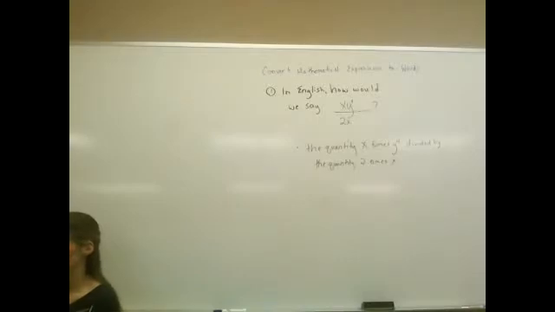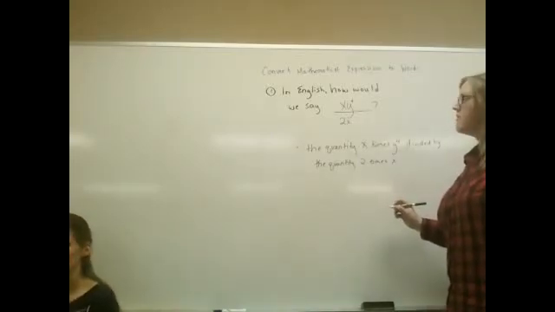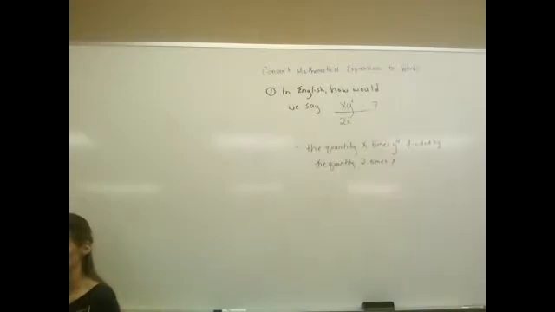Using the words "the quantity" in front is going to be the best way to clearly define where the division sign goes. Once you guys have that written down, I'm going to show you why that matters.